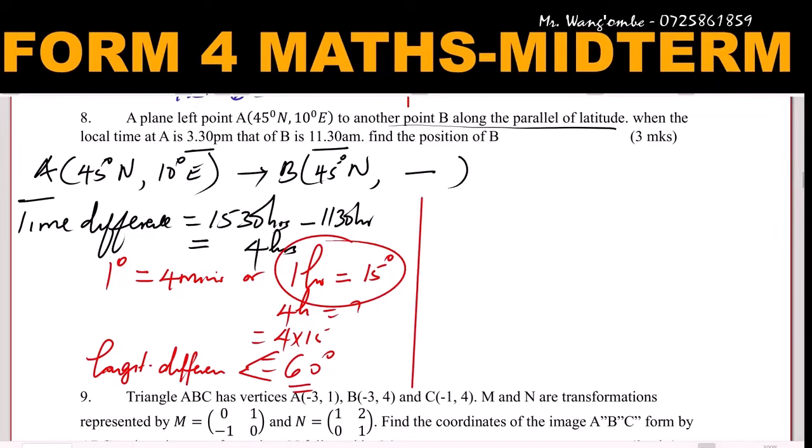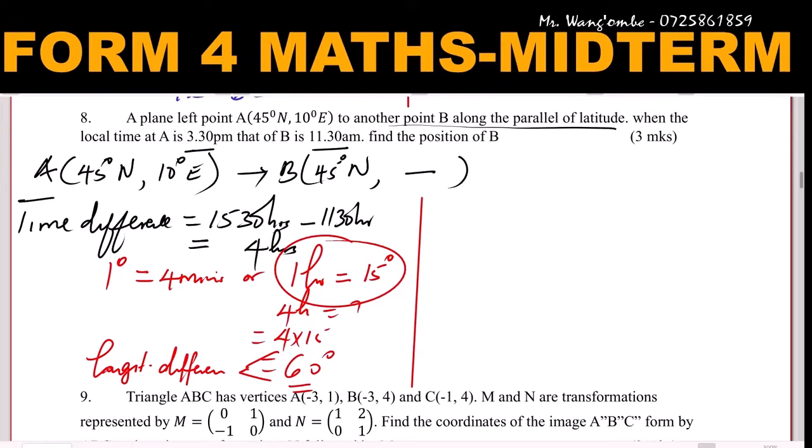Now, using the longitude difference, since we already have the longitude of A, which is 10 degrees, when you look at the two places, you can see the one that is ahead of time. A is ahead of time. So if A is ahead of time, then B will be behind time.